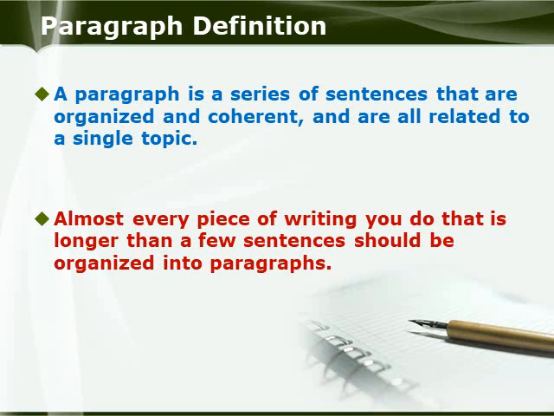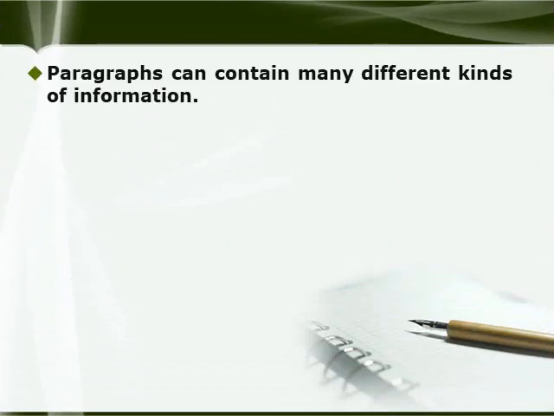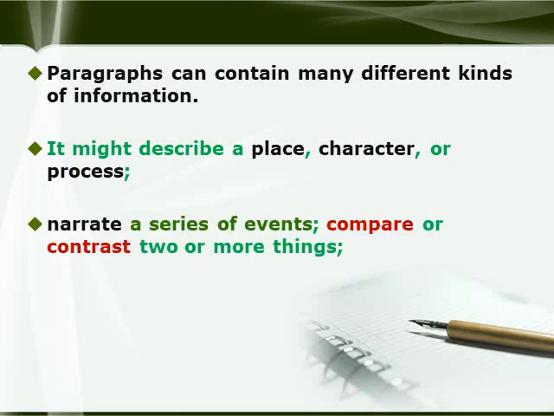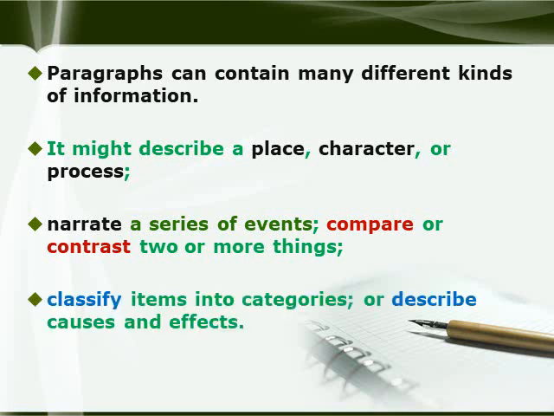Paragraphs can contain many kinds of information. A paragraph could contain a series of brief examples. It might describe a place, character, or process. It might narrate a series of events, compare or contrast two or more things, and also it may classify items into categories or describe causes and effects.